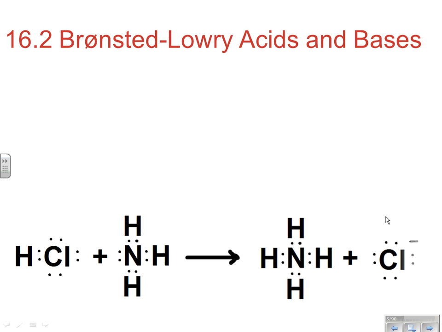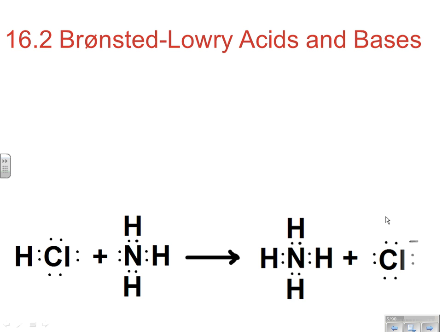So in the case of HCl and NH3, HCl was something that the Arrhenius definition had called an acid. It has an ionizable hydrogen. So we knew from the Arrhenius definition that HCl, hydrochloric acid, is an acid. Well, ammonia didn't really fit the Arrhenius definition. It doesn't have a hydroxide, but yet when you put it in water, it makes hydroxide.